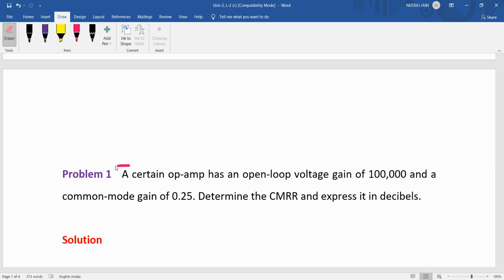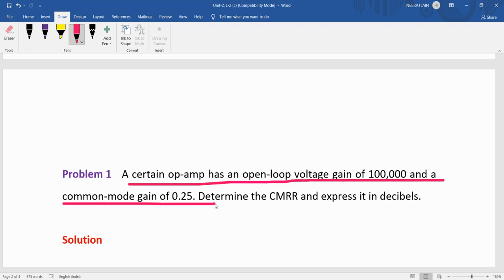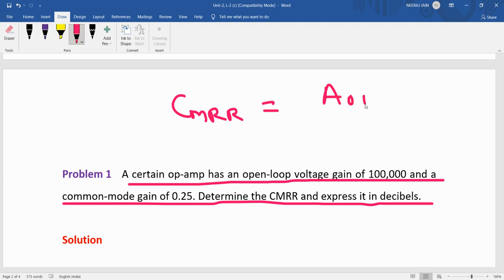Now we can see the problem. Suppose a certain op-amp has an open loop voltage gain of 1 lakh and a common mode gain of 0.25. Determine the CMRR and express it in decibel. So basically, using the formula to solve this problem, CMRR is equal to open loop gain AOI upon the common mode gain ACM.